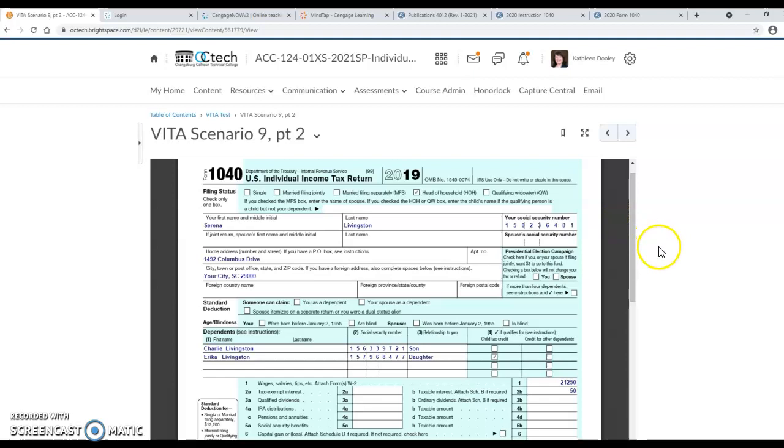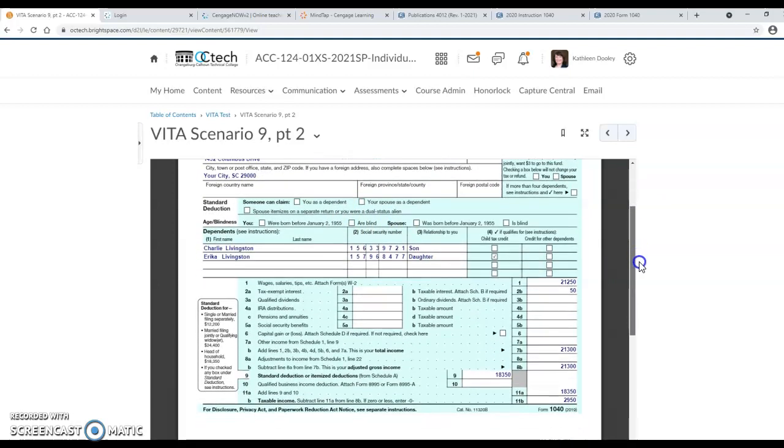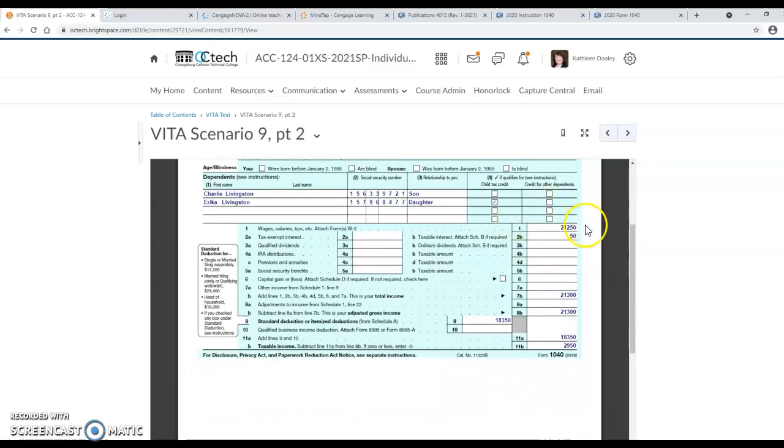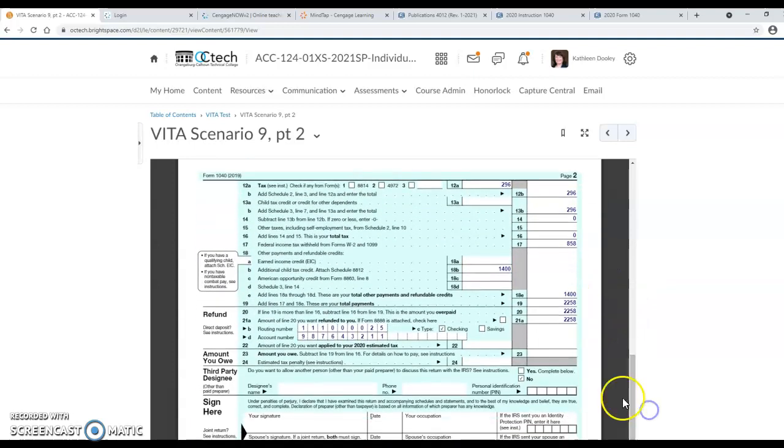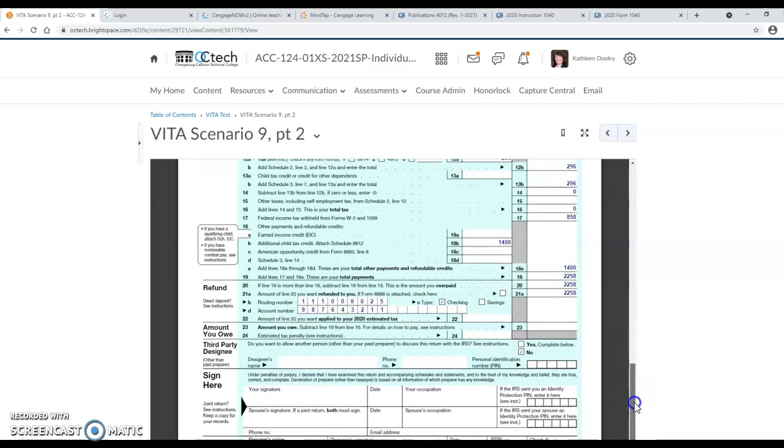Like, whose Social Security is wrong. One of these Social Security numbers is wrong, and you can check it out. There's her wages and her interest, and you can check that all out. And here's her routing and her account number.